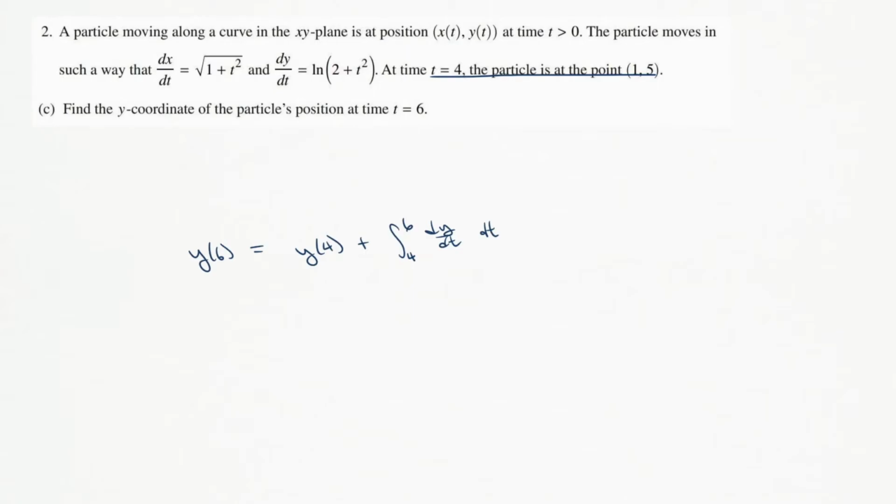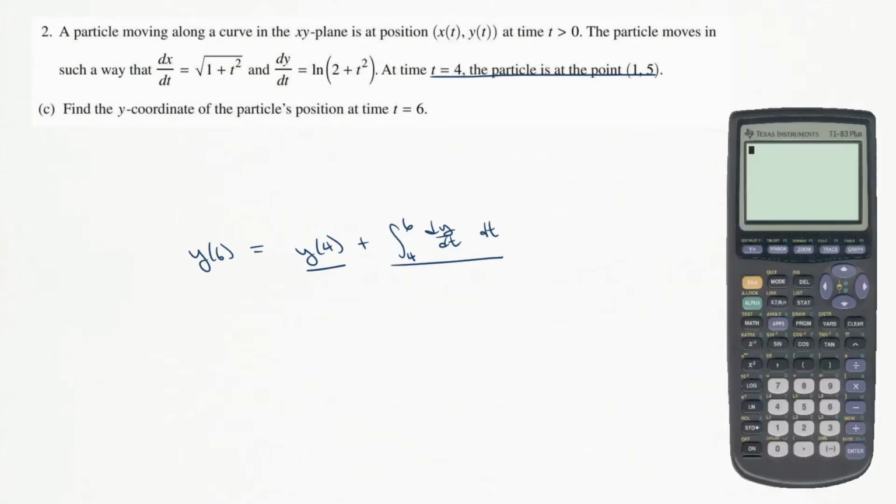Again, this y of 4 represents the initial position of the particle at time t equals 4, and this integral of dy dt represents the overall displacement of the particle from time t equals 4 to t equals 6. Based on the information given, we know that y of 4 is equal to 5.